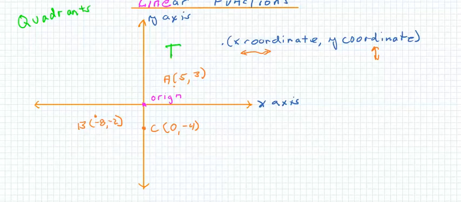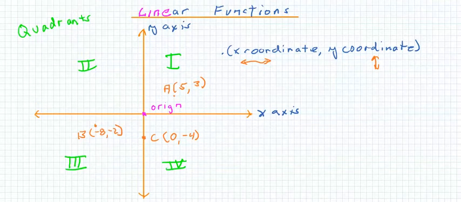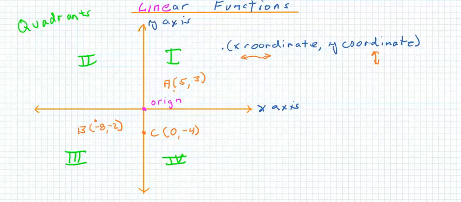This is quadrant number 1, quadrant number 2, number 3, and number 4, always using Roman numerals. I expect that you know these basic terms. You learned them in 7th grade and again in Algebra 1.